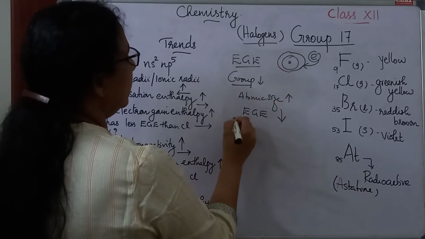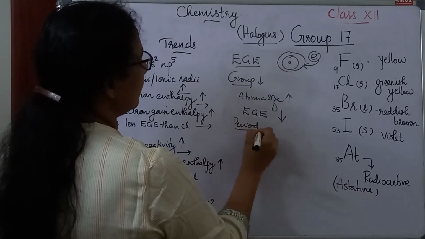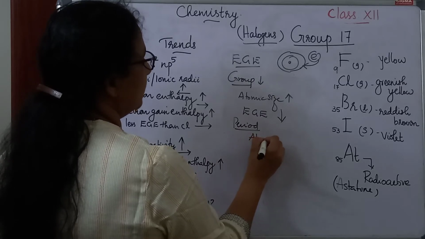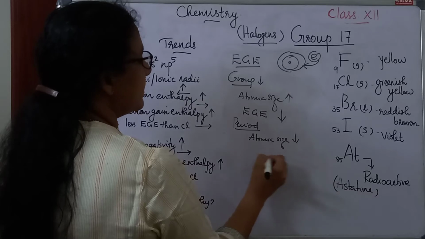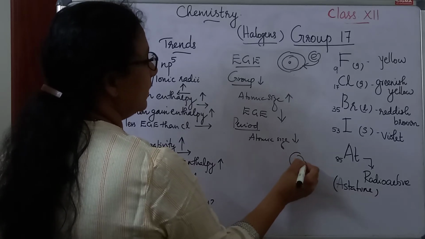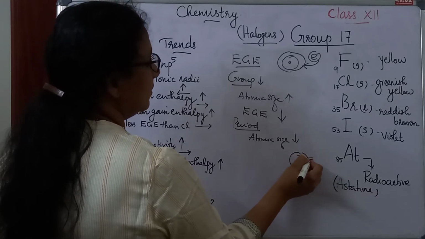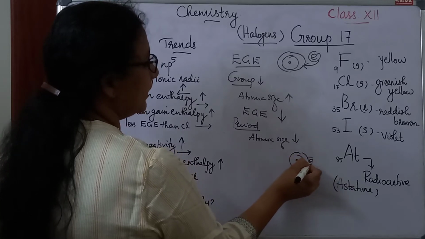But in the case of a period, the atomic size decreases. So the electrons are tightly attracted by the nucleus.